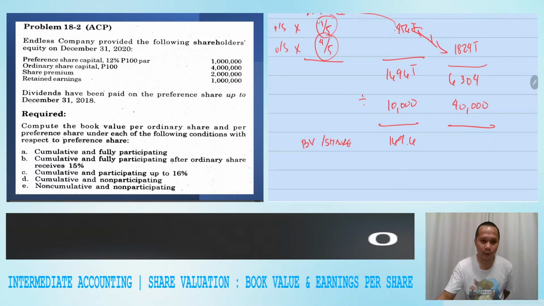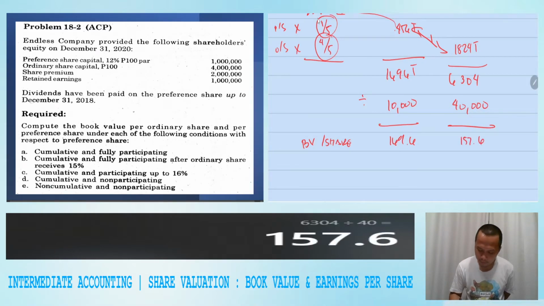And the book value per share of your ordinary share, we have 6,304 divided by 40, 157.6. So that is cumulative and fully participating.